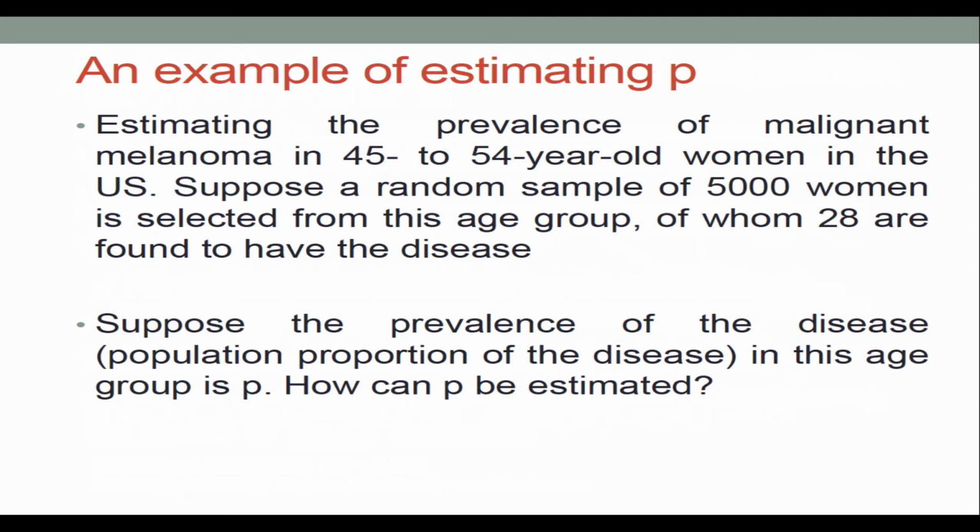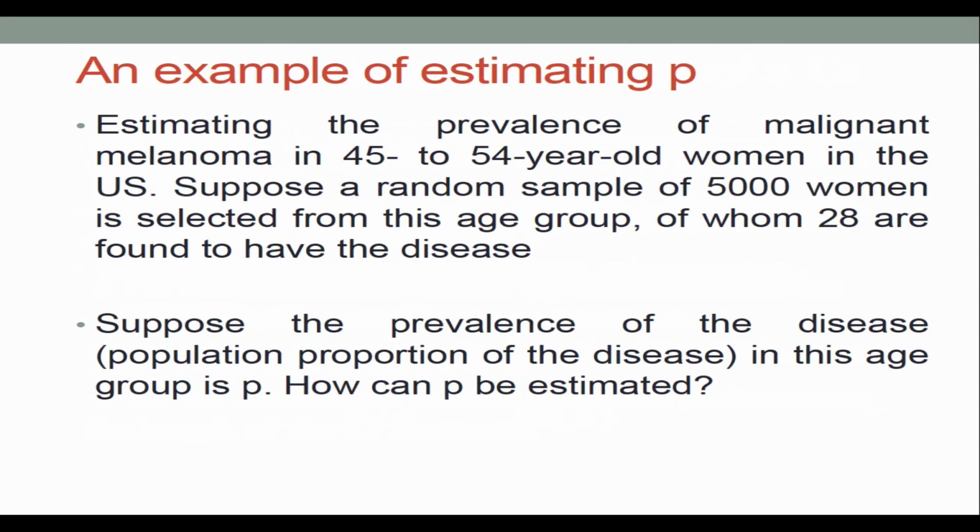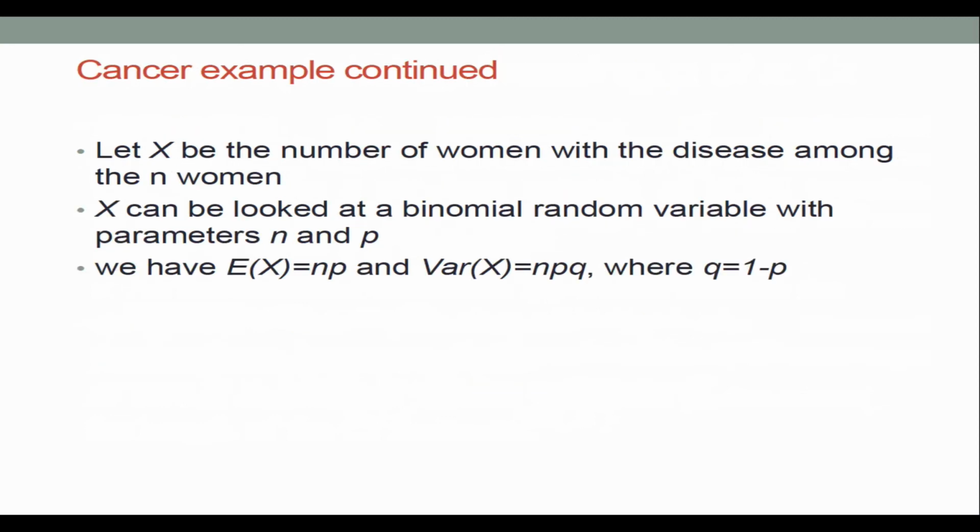So you selected a sample of size 5,000, and among them 28 have the disease. How do we use the sample to estimate the prevalence of the disease in the general population? You can just use the sample proportion, 28 over 5,000, to estimate this population parameter.